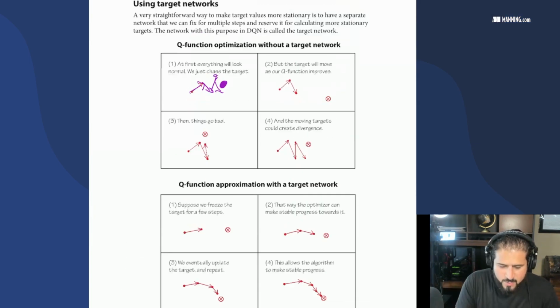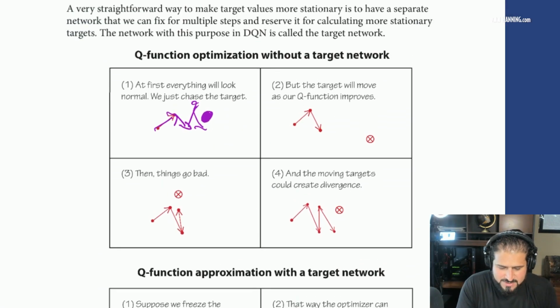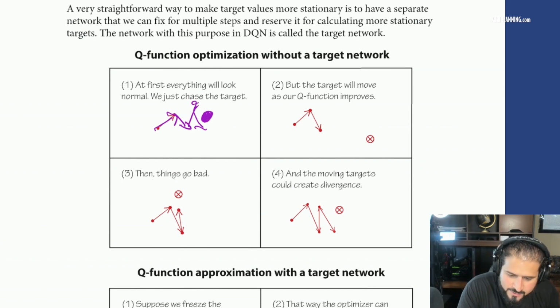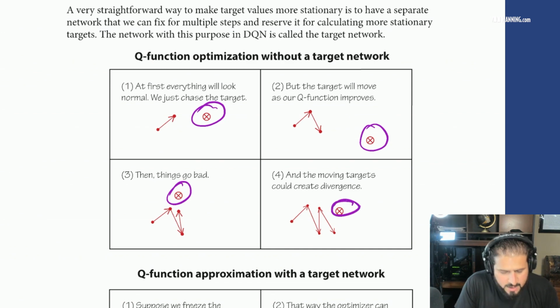Okay, let's see. So now we can go back into this. Now I think you guys are going to understand this section better. What I'm saying here is that because that value function is being trained every step, you can expect this target over here, that thing that I was drawing in there, to be moving like this. First it goes here, then here, then it changes here, and then it changes here. And it's just going to keep switching back and forth.